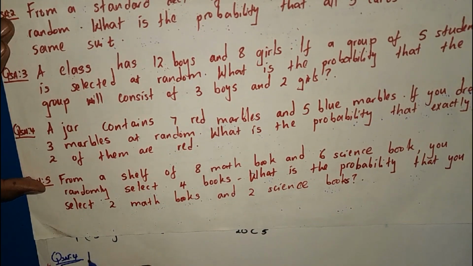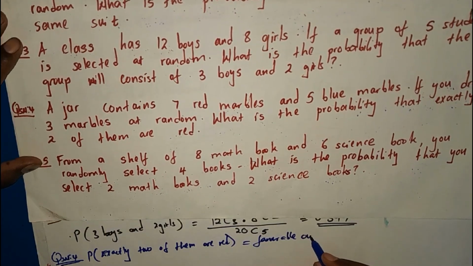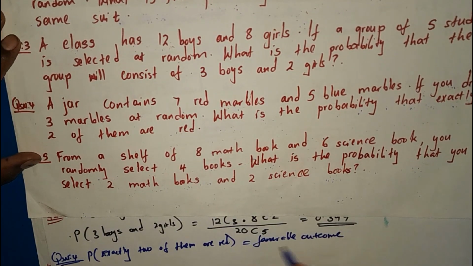So here we say the probability that exactly 2 of them are red is equal to the favorable outcome over the total possible outcome.